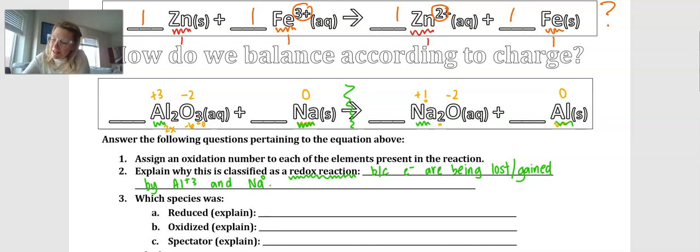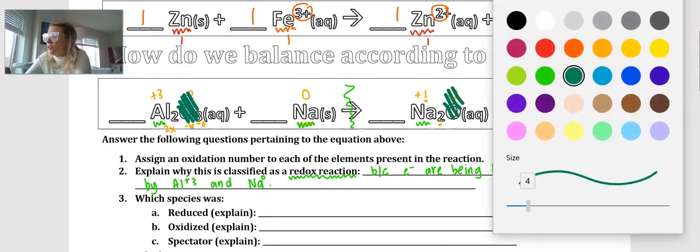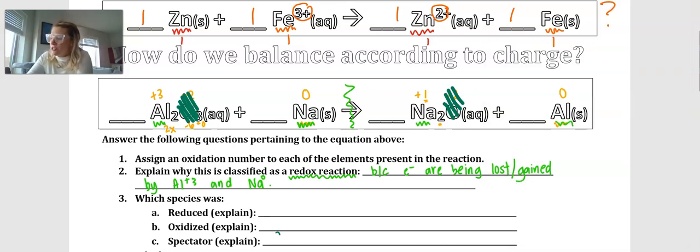So we're going to go ahead and eliminate oxygen from our thoughts. It is our spectator ion, okay, because the ox number or the charge doesn't change.